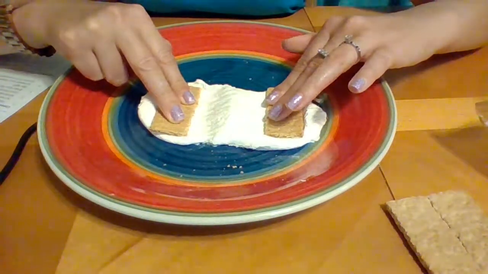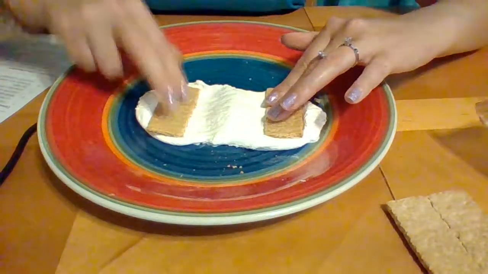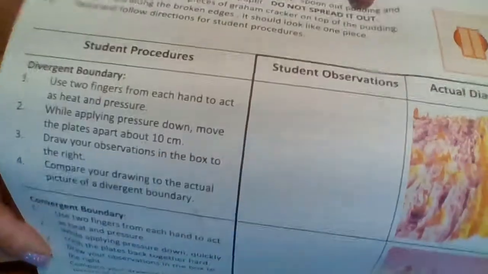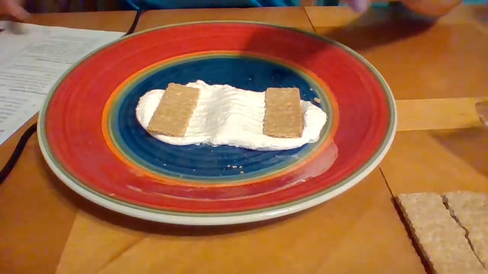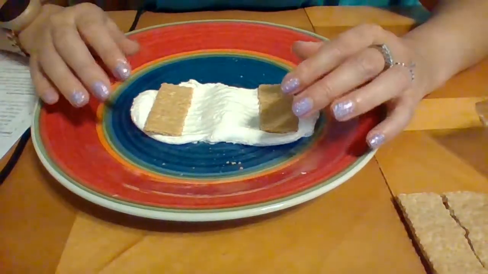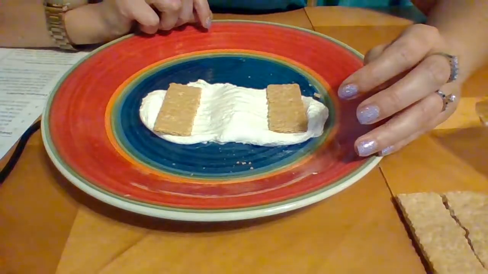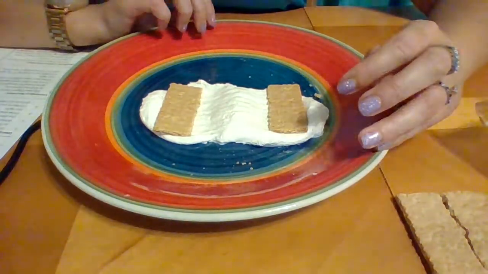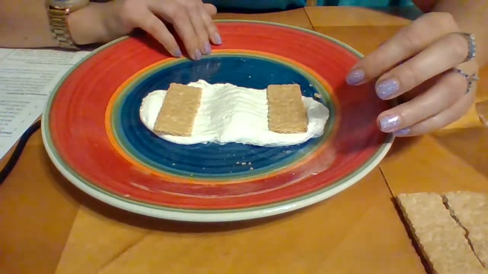All right. Draw your observations in the box to the right on this sheet, okay? It shows you an actual diagram of what it looks like in real life next to that. Now you are going to compare your drawing to the actual picture of a divergent boundary.